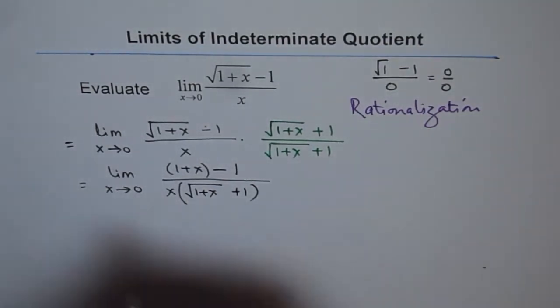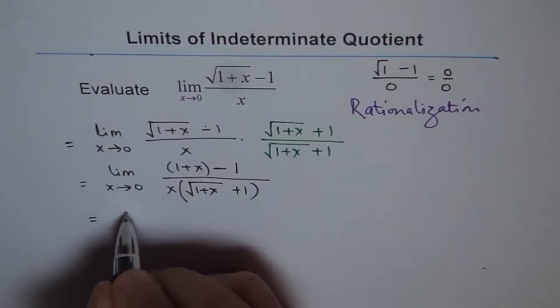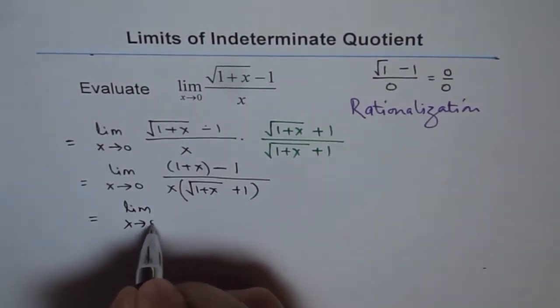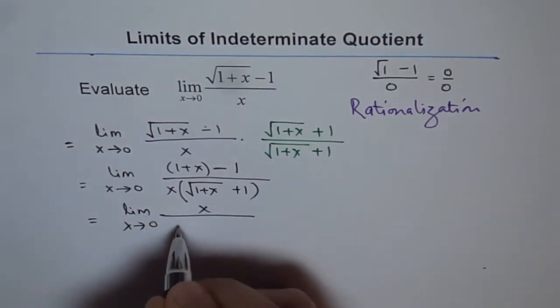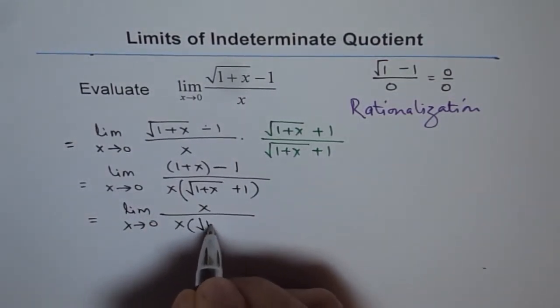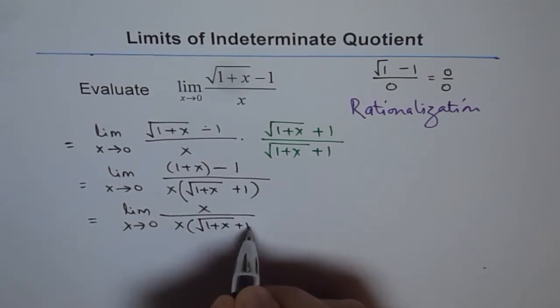Now in the numerator, 1 minus 1 is 0, so we are left with just x. x over x times square root of 1 plus x plus 1.